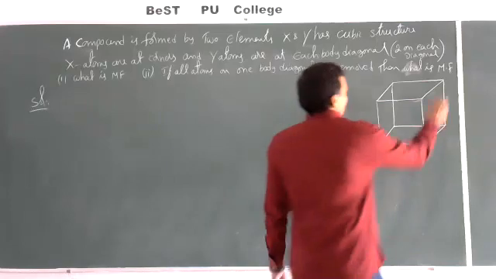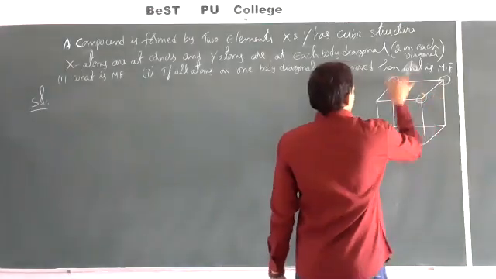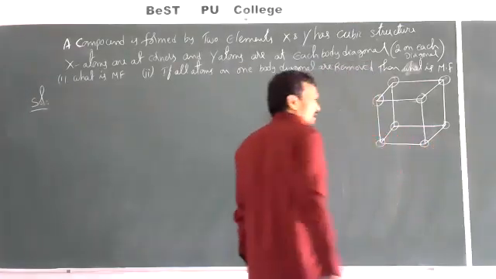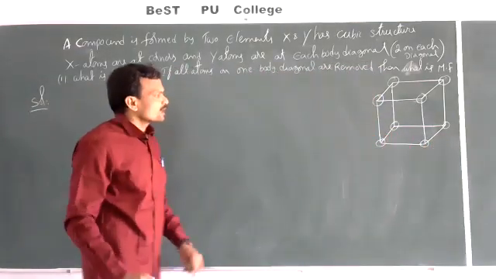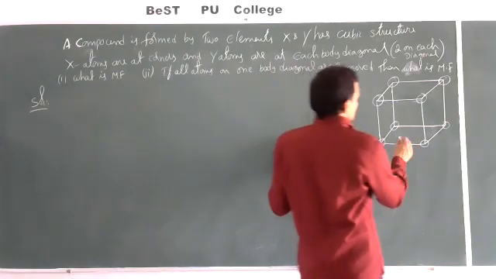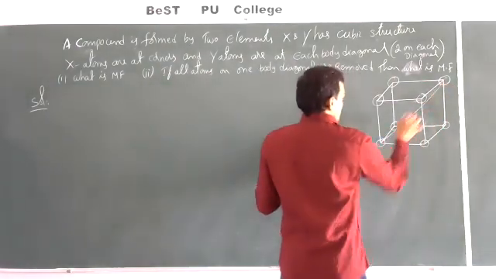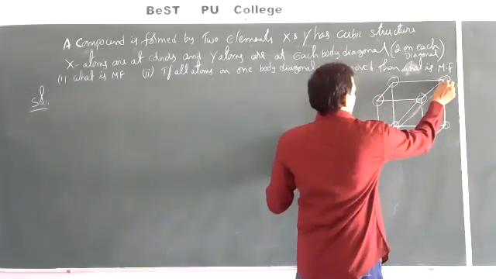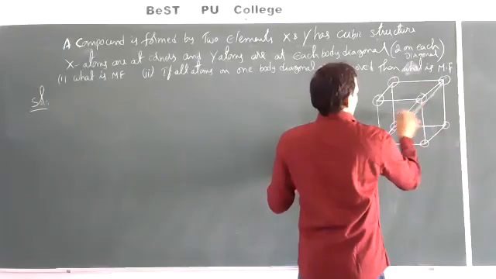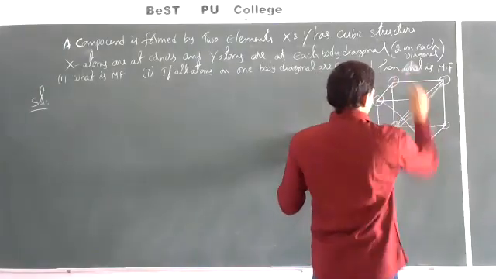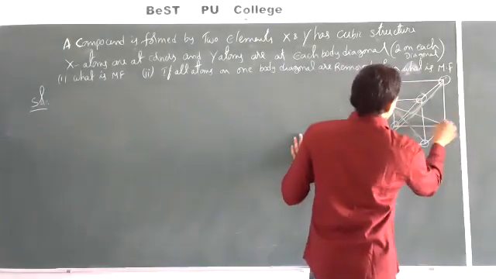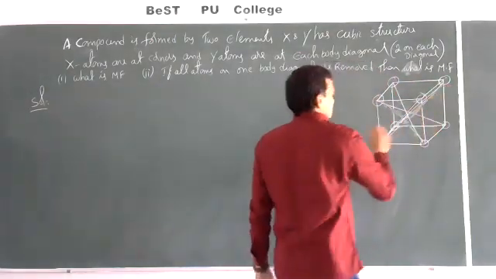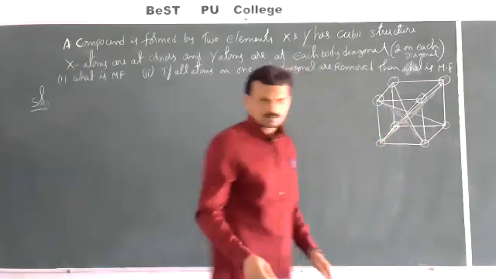X atoms are at corners 1, 2, 3, 4, 5, 6, 7 and 8. Now let us take the body diagonals of this cube. This is one body diagonal, this is one body diagonal, and this is one body diagonal. So totally we are having 4 body diagonals.